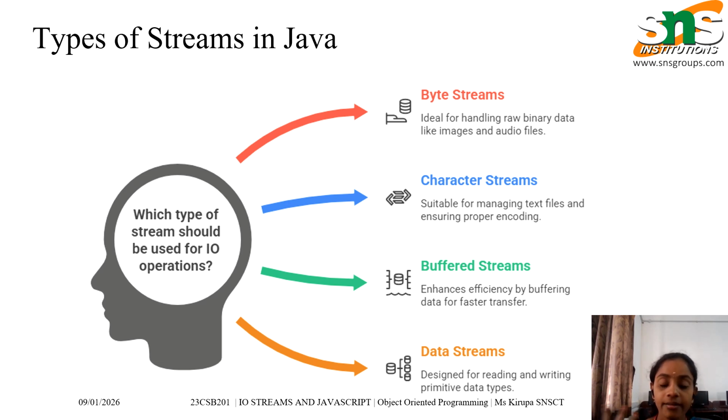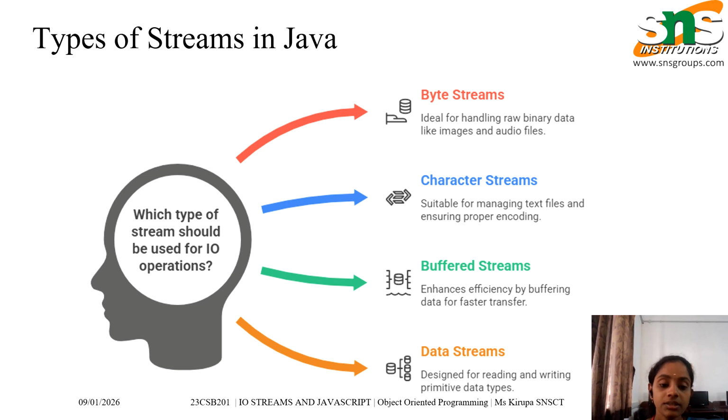They read and write data byte by byte, so it is ideal for handling raw binary data. Example classes are InputStream, OutputStream, FileInputStream, and FileOutputStream. We use them when working with non-text files.